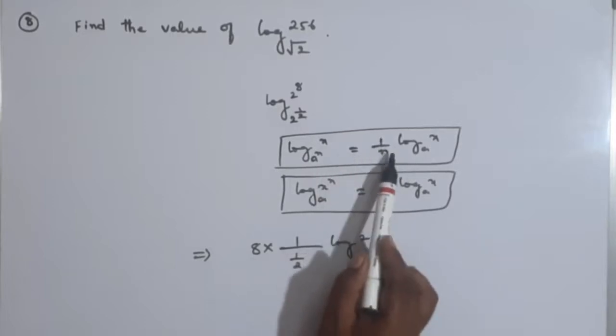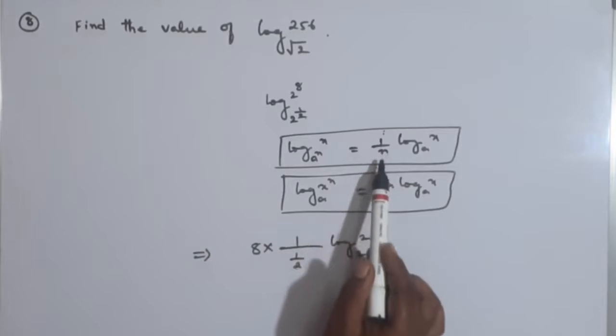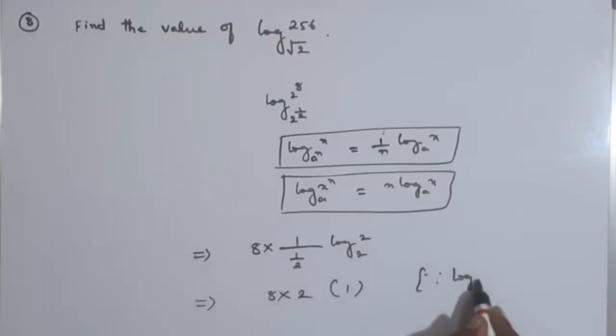N means how much here? 1 by 2. So I can write 8 into 1 by 2, and what is the value of log base a to a? It equals 1. So 8 to the 16 is the answer.